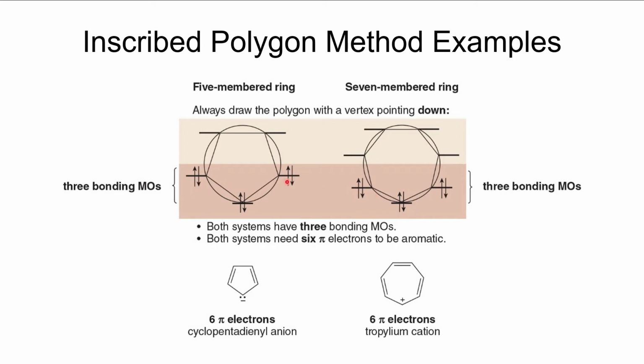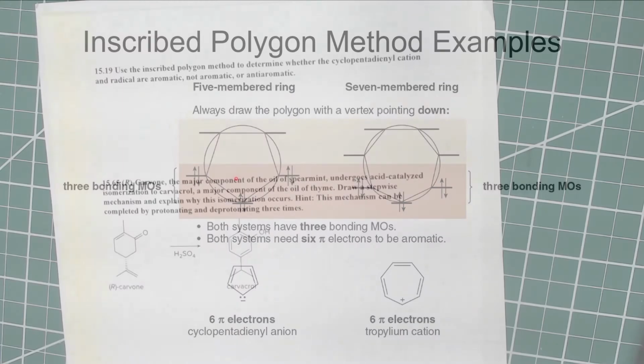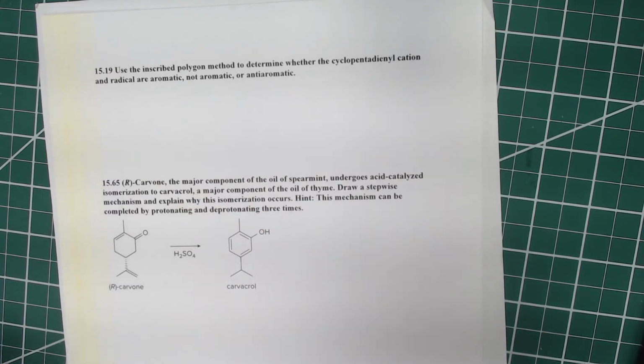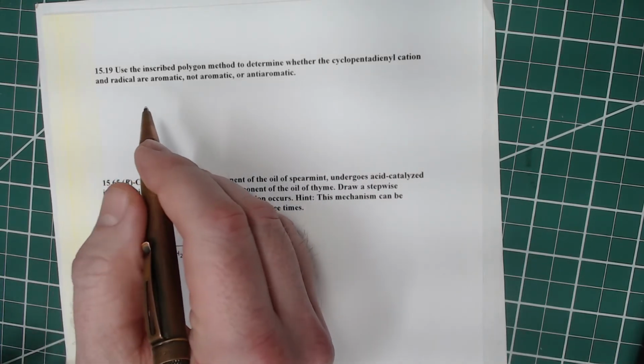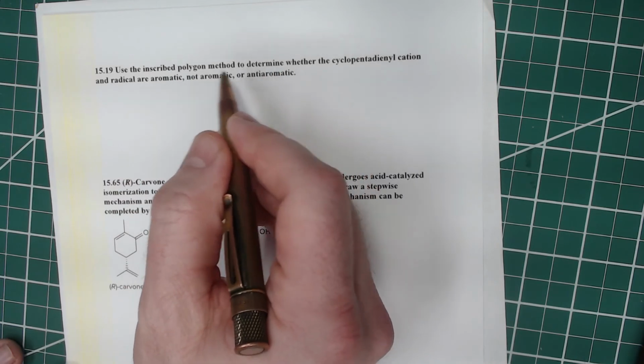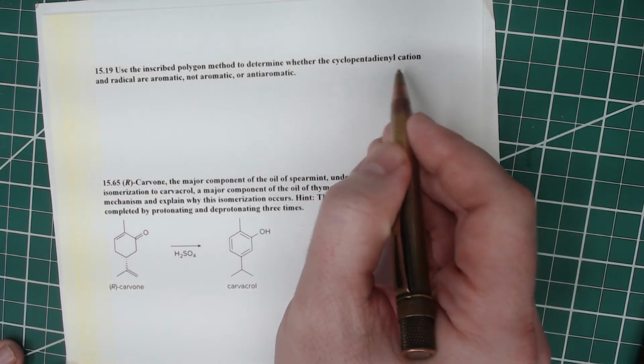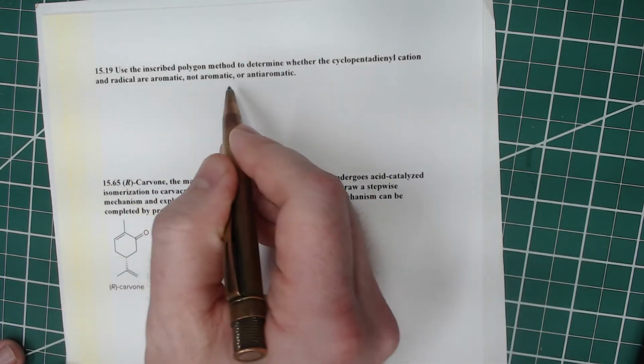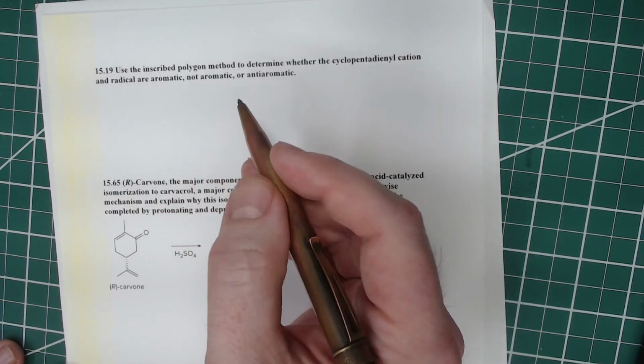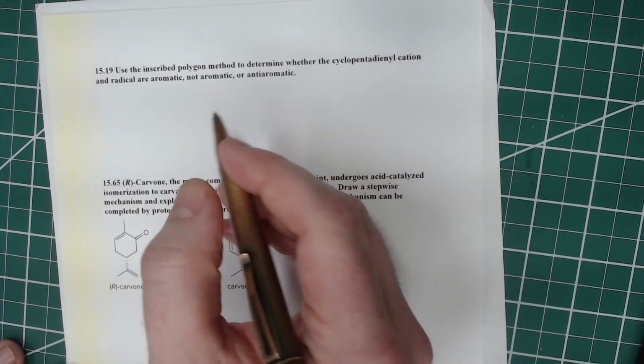With 6 electrons, we ended up getting an aromatic system. We're going to use the same method, the inscribed polygon method, to do the cyclopentadienyl cation and radical and explain whether they are aromatic, anti-aromatic, or not aromatic.